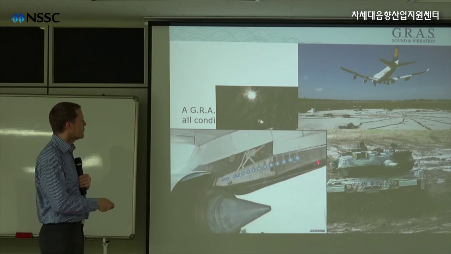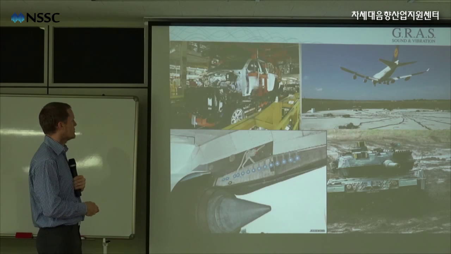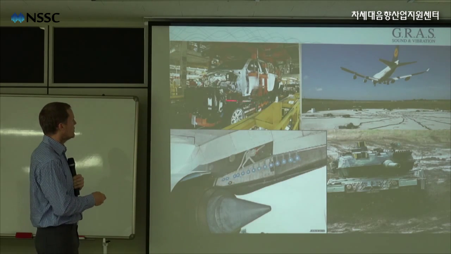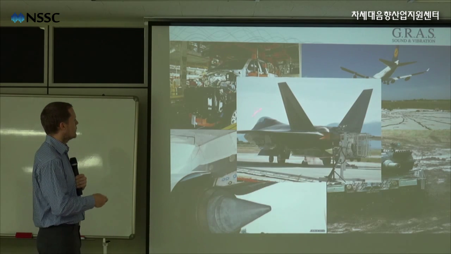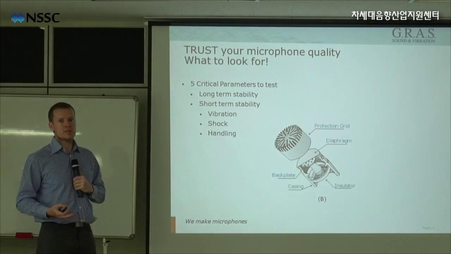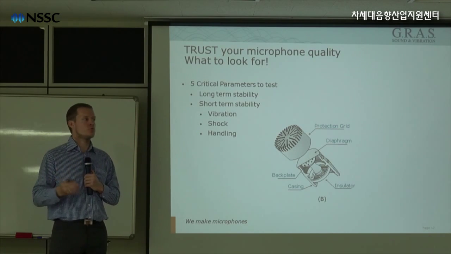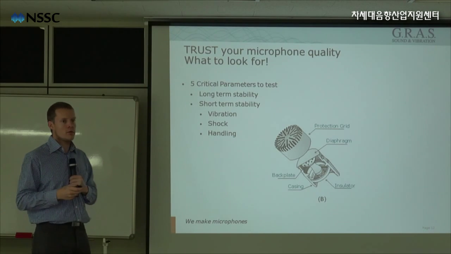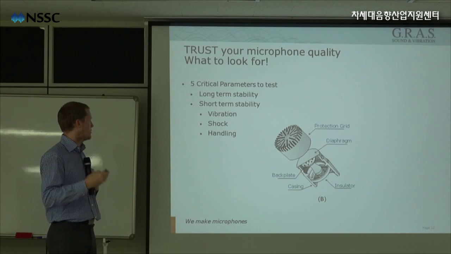But also the robustness of the microphone is being tested in these kinds of situations. It can also be production environments or even military tests where you have to measure on the exhaust of an F-22. So in all these different applications where the microphone is being used in the field, the microphone must be robust and reliable.